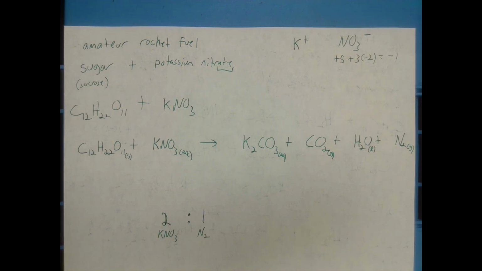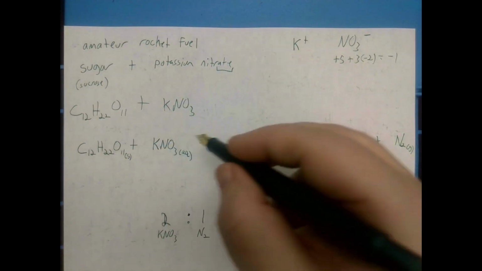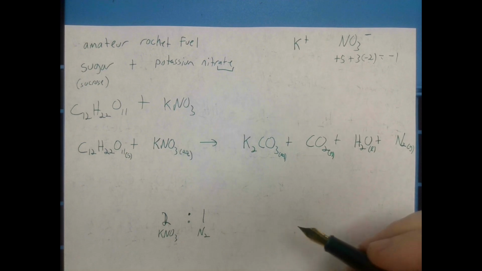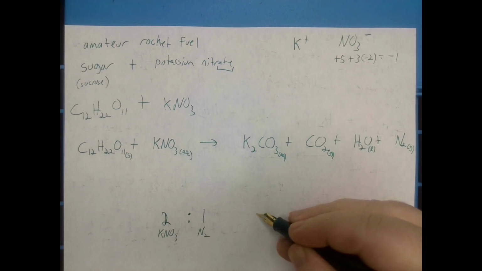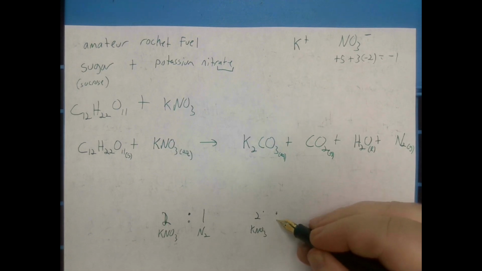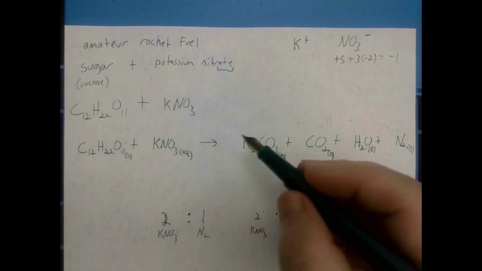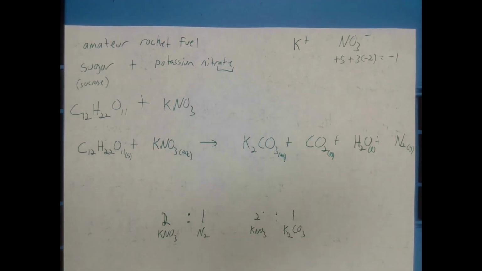What's something else? Potassium. Well, there's one over here, one over here. So I know the ratio is going to be 2 KNO3 to 1 K2CO3. So if this number is 5, that means this has to be 10 and 10.